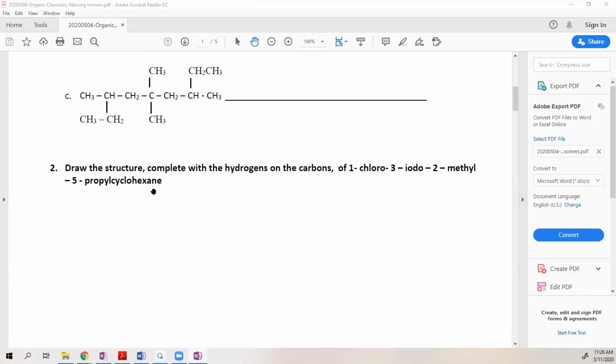So our next one is going to be, let's draw out this structure. And then we're going to try to add in those hydrogens. And so this one I figure that we can do together because I'm not going to be able to check in on you guys to see how you're doing. So I figured that we might as well just do it all at once. And so for this one, when you're trying to draw out this structure, I always recommend starting out with your biggest chain, right?